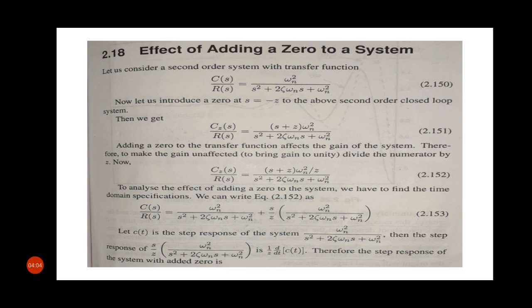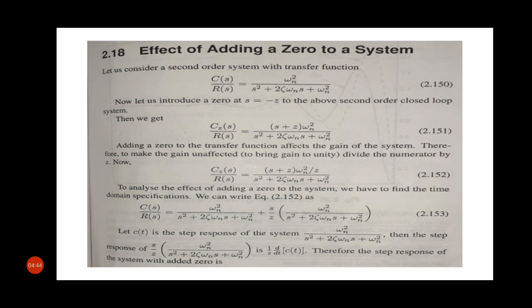We can write equation 2.152 like this: C(s)/R(s) equal to omega n square divided by s square plus 2 zeta omega n s plus omega n square, plus s by z into omega n square divided by s square plus 2 zeta omega n s plus omega n square. I give this equation the number 2.153.